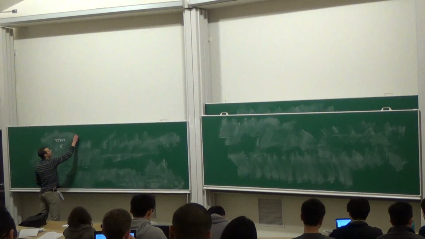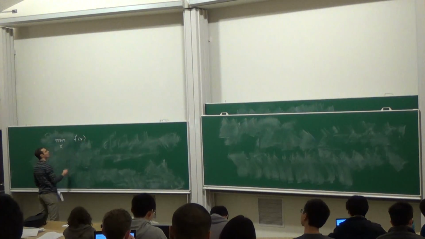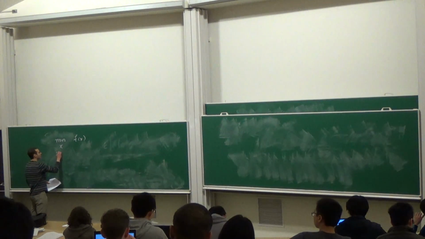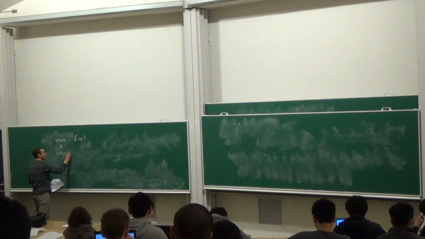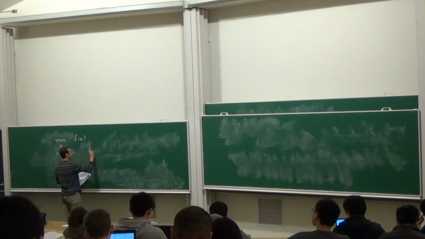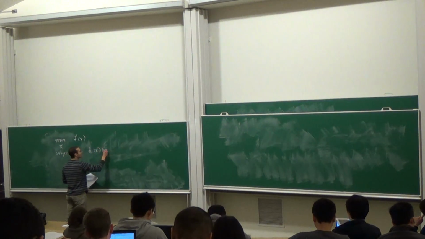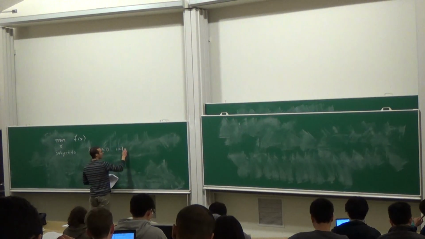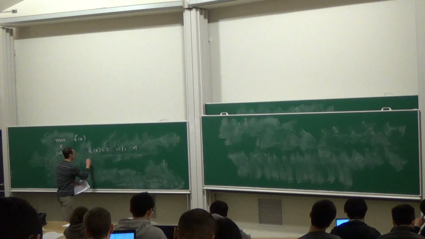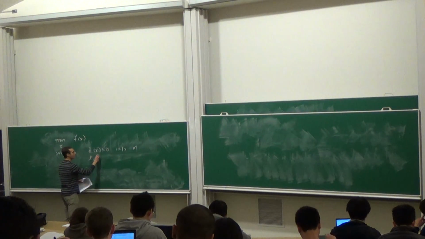Here's the canonical framework for a constrained minimization problem. We're going to minimize a function subject to a bunch of inequality constraints and a bunch of equality constraints.